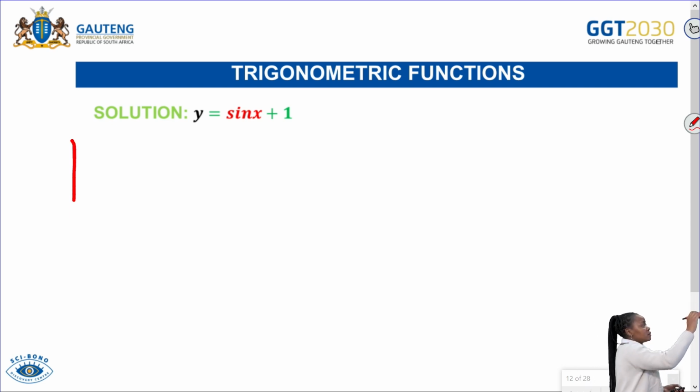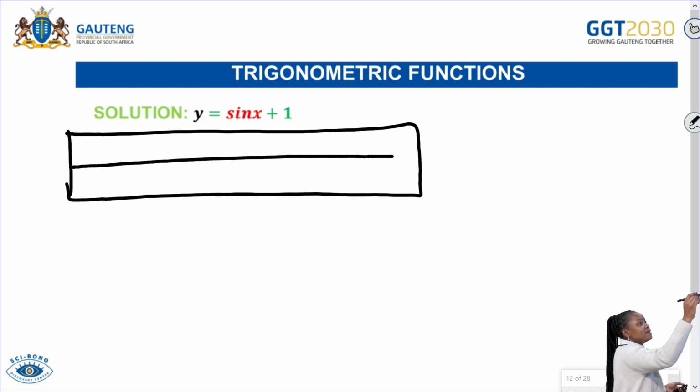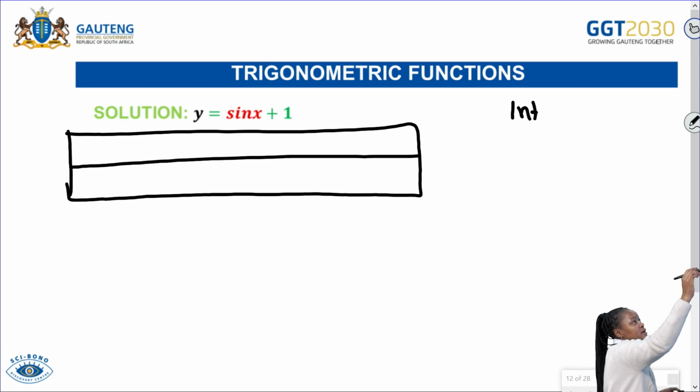Okay. So I'll start with the mother graph. The intervals are still going to be the same, ne? The intervals are still the same because the period hasn't changed.